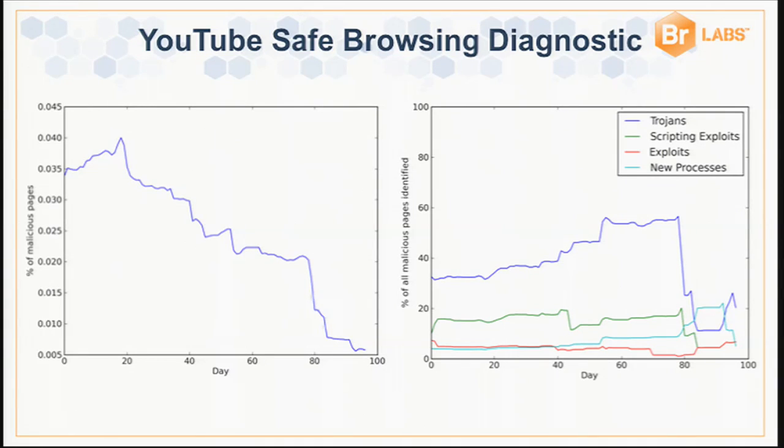This plot shows the number of different kinds of malcode found on YouTube. What's interesting here is that the number of Trojans is much, much bigger than the number of scripting exploits or exploits. Since it's not statistically representative data, it's really hard to interpret why that is.